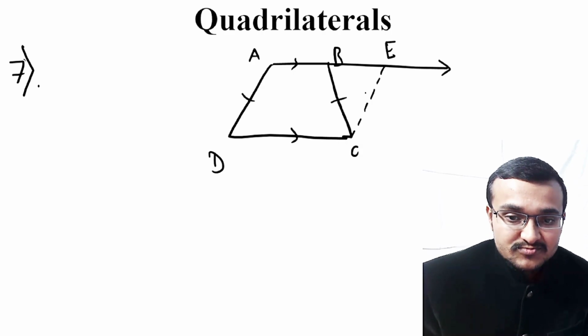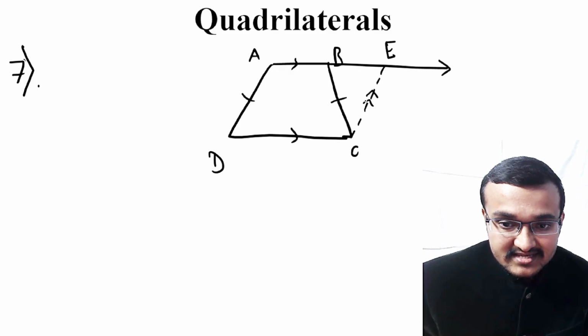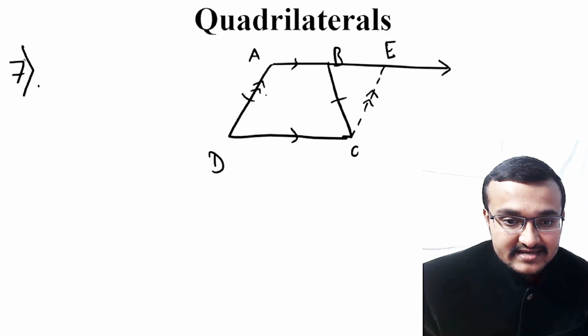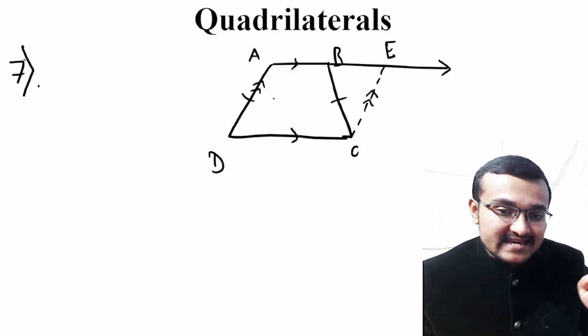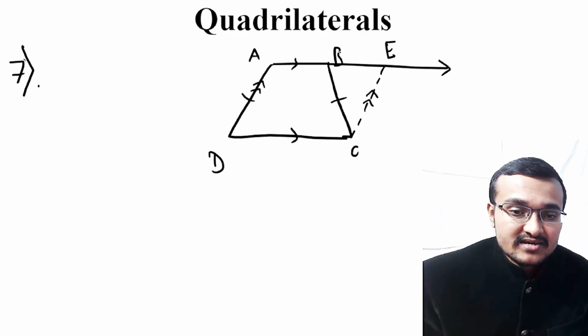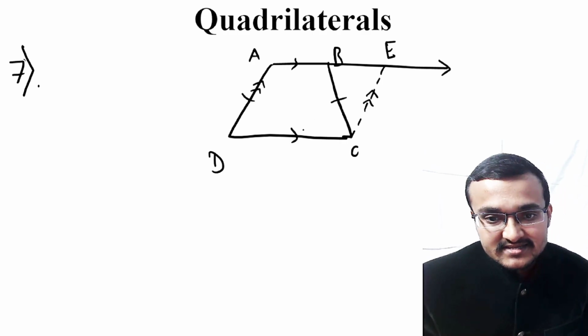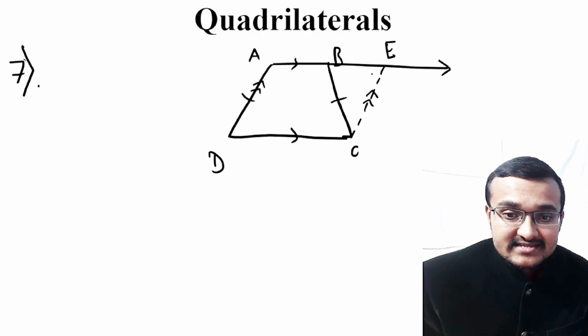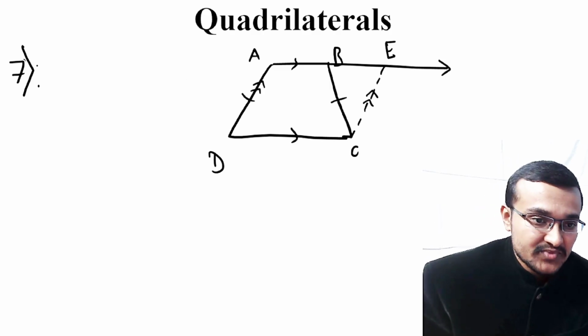Now this particular CE is parallel to this particular AD. So now you can clearly see ADCE becomes a parallelogram. Here AB is parallel to DC and AE is also parallel to DC.